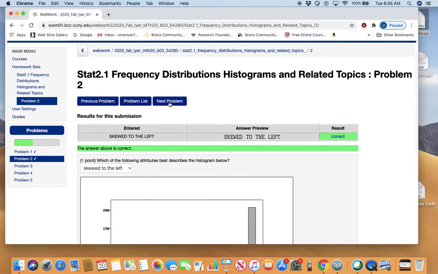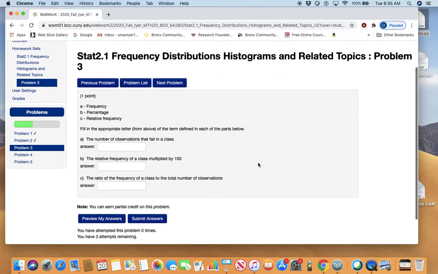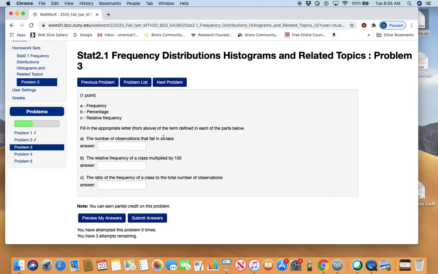Okay, next problem. We want to fill in the appropriate letter from above. So we want to put in a letter, either A or B or C. Frequency, percentage, relative frequency. The number of observations that fall in a class, that is a frequency, A. The relative frequency of a class multiplied by 100.